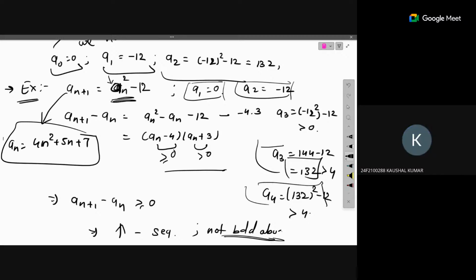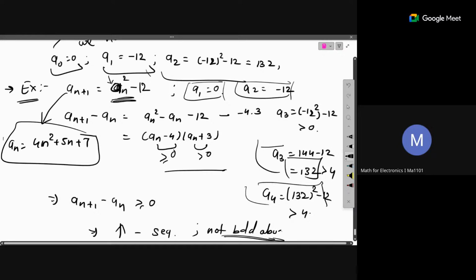But let me clear one thing. What if I don't find three numbers? I just find a0 equal to 2 root 3. If a0 is positive, then the quadratic will be positive. Yeah, correct, now I get.